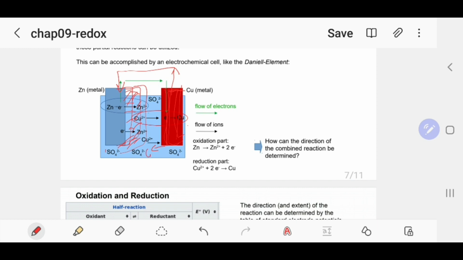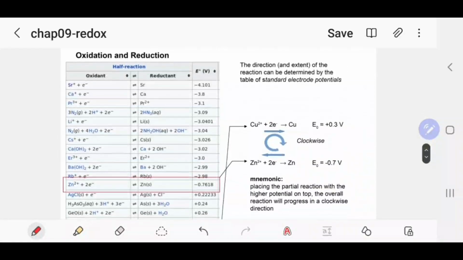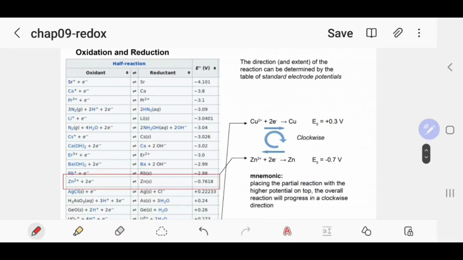The copper ions in the solution will increase, the zinc ions will decrease. They capture the electrons, they deposit on the zinc metal, if this is the negative one, which we will find out right now.